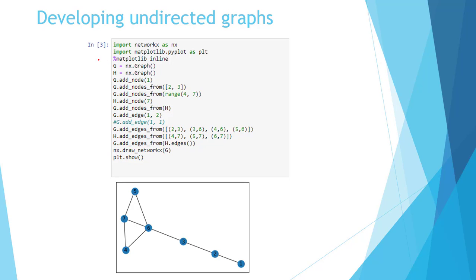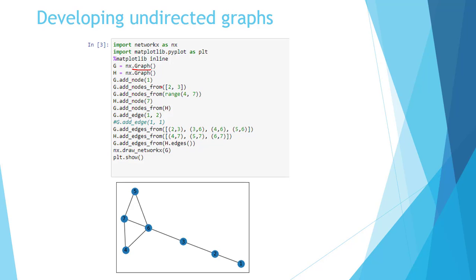So here you can see that we have imported networkx as nx for drawing the graph, and also imported our matplotlib.pyplot as plt library. After that we have called the graph constructor using nx.Graph equal to G, and we have also created another constructor and assigned it to H. After that we have added one node, that is node number one, using the G.add_node method.